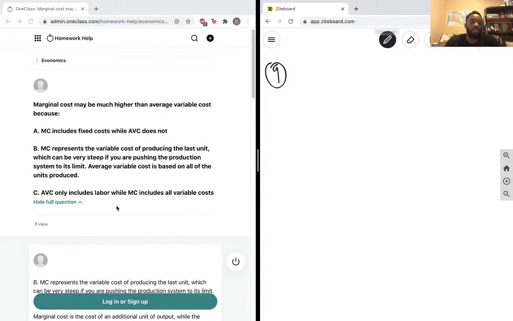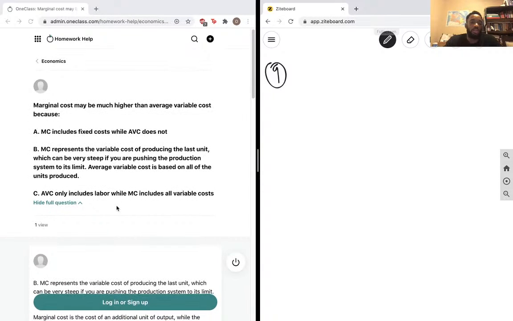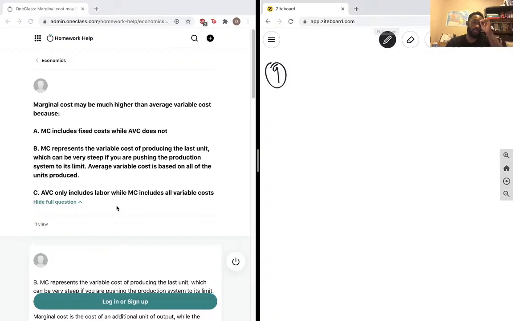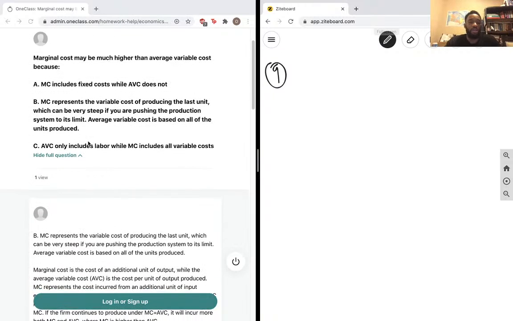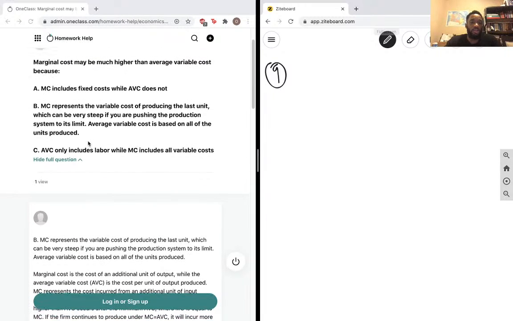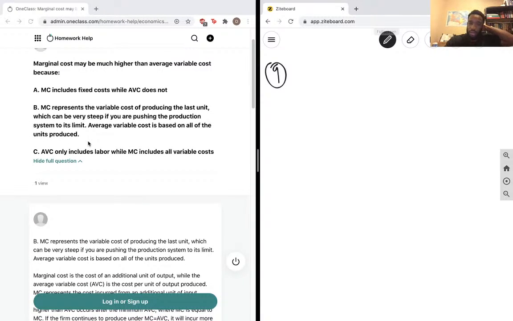And even if you didn't know what the answer to this question is, you could already eliminate one of them because it says average variable cost only includes labor, while marginal cost includes all variable costs, and that's not true.